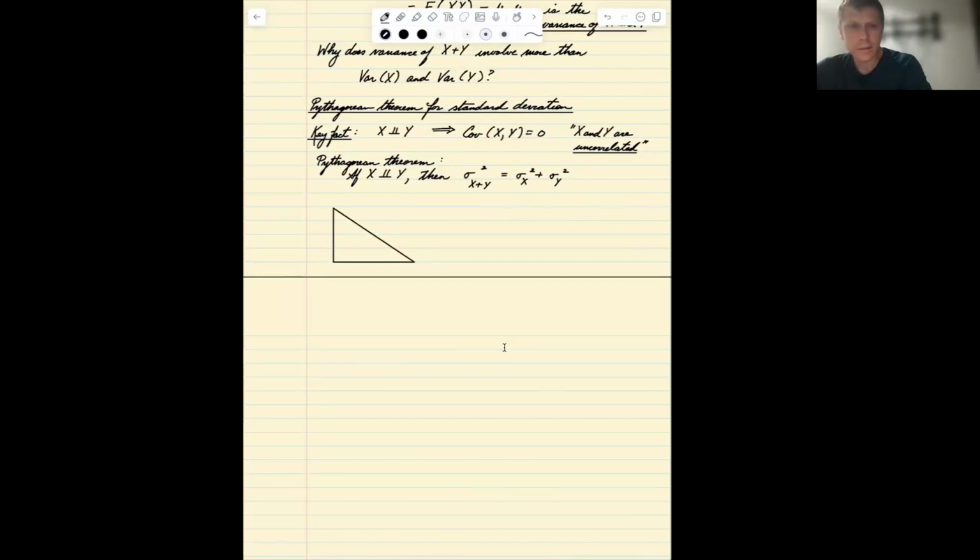And so the way to think about this is that the covariance being 0 corresponds to this perpendicular, in a right triangle.